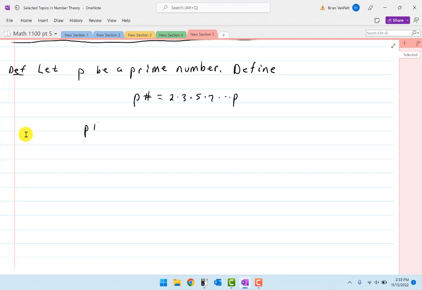Now, P pound plus 1 usually results in a prime number. But not always.